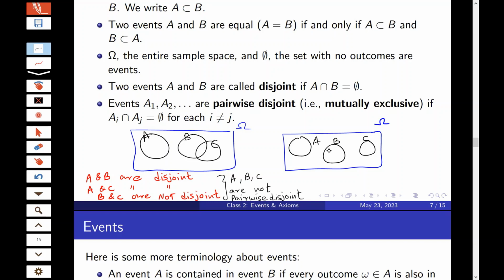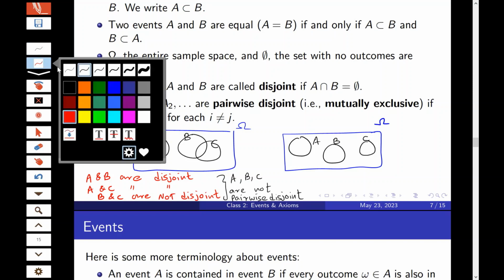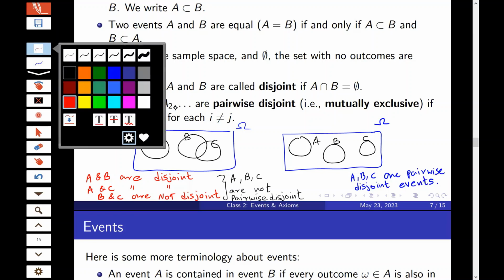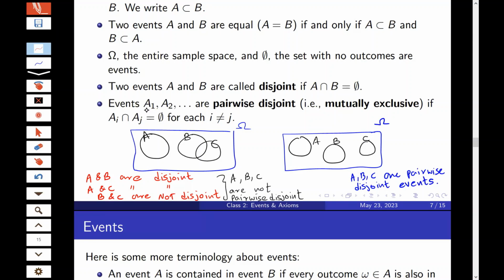But if you consider this one, A, B is disjoint, B, C disjoint, and A, C also disjoint. So in this case, A, B, and C are pairwise disjoint events. That's the idea of pairwise disjoint, and we can define this for infinitely many events.